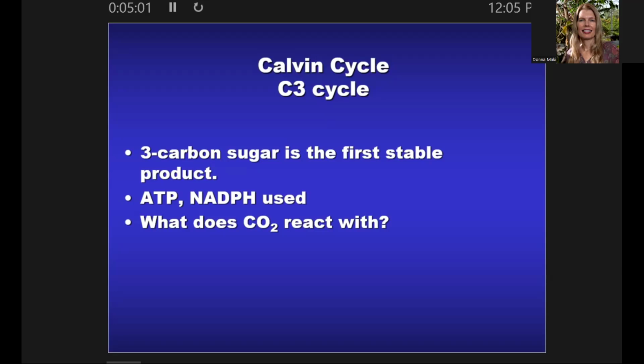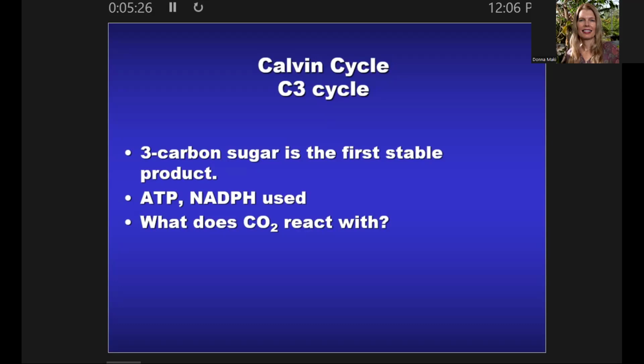But they were really struggling with what does the carbon dioxide react with? So the plant brings it in, and if it's a 3 carbon sugar that is made, that means that it's probably a 2 carbon molecule because 2 plus the 1 carbon in CO2, that's 3. So they were hunting around for a 2 carbon molecule that CO2 could react with and couldn't find anything.